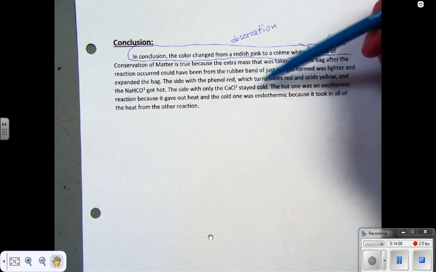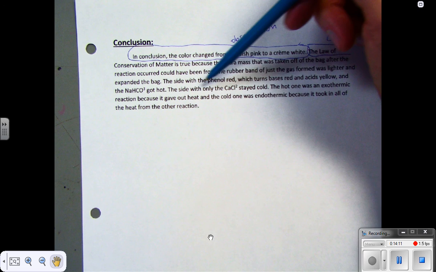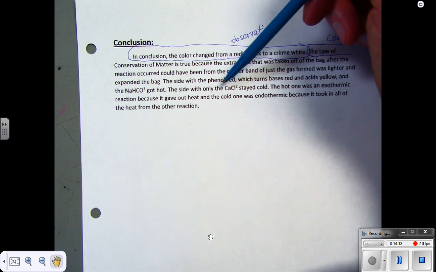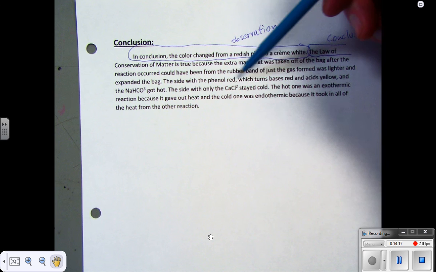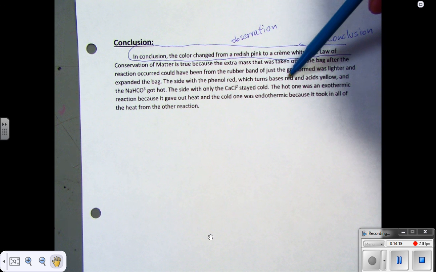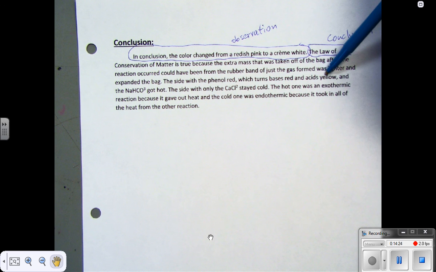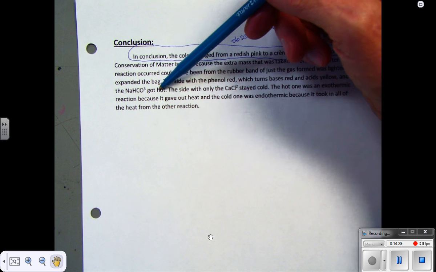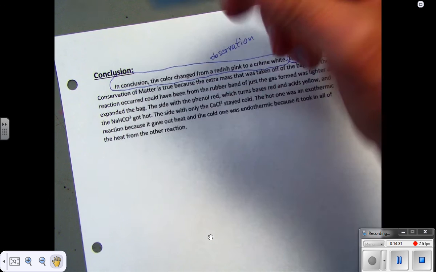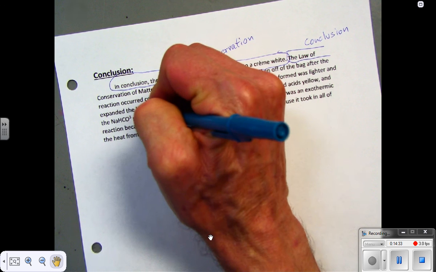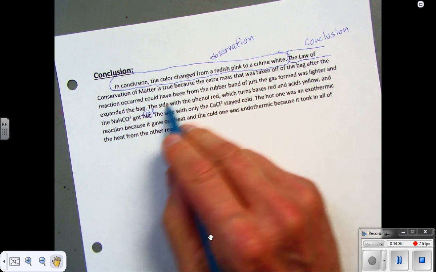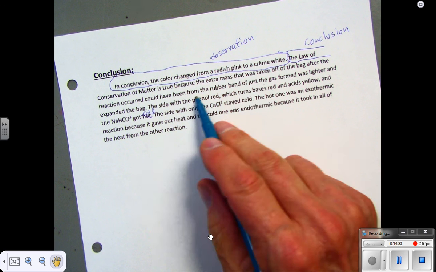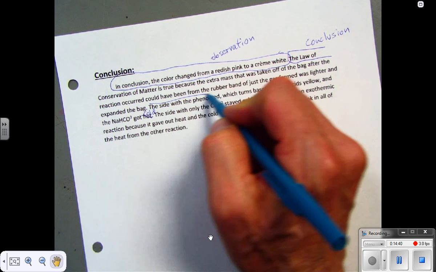The side with the phenol red, which both sides have the phenol red. Oh, initially. You meant initially. So you want to say initially, which turns bases red and acids yellow. Okay. And the sodium, you're backwards. This is the guy that got caught. Now, again, these are observations. Observation.